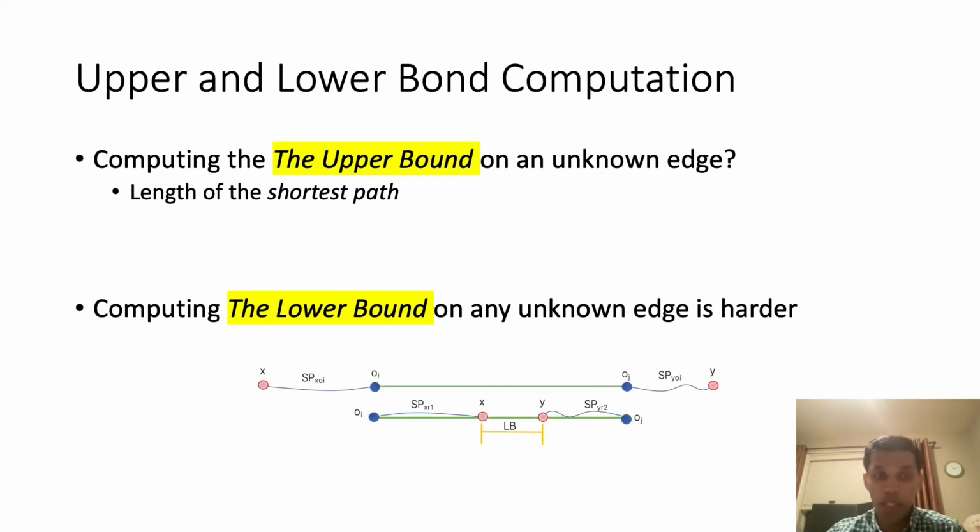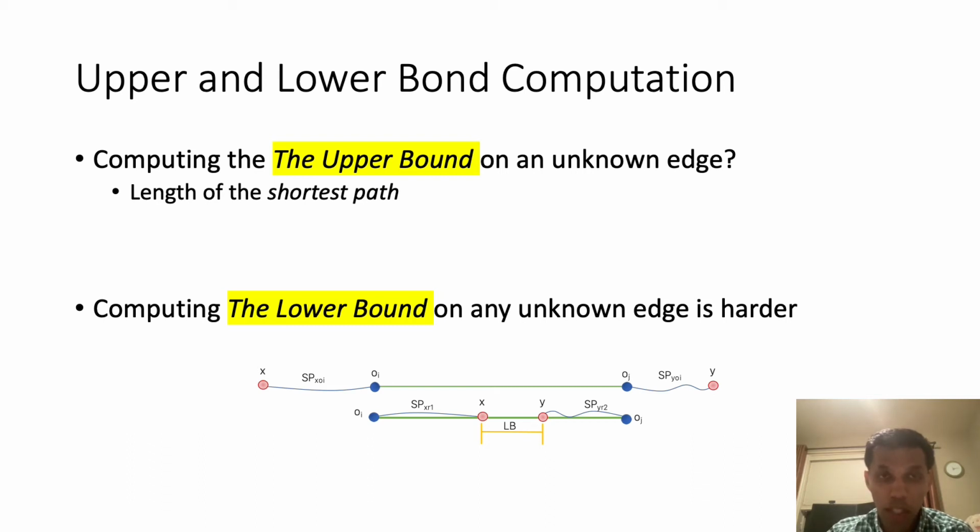For example, let's take one unknown edge xy, which you can see with both ends marked in red, and then you have an edge in the middle, connecting two blue dots, which are OI and OJ, and you know the shortest path from X to OI, and you know the shortest path from OJ to Y. The lower bound is actually the remainder after you fold the shortest paths onto that particular edge.